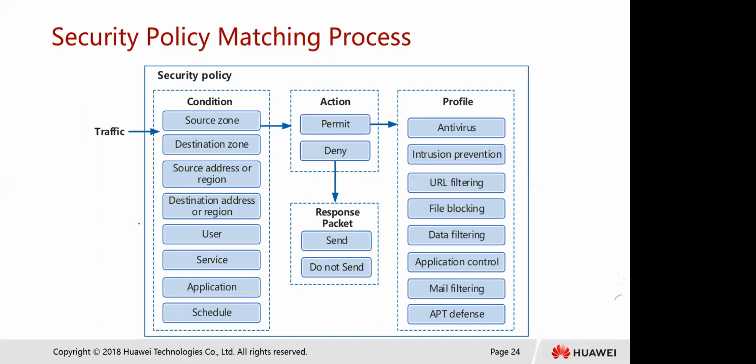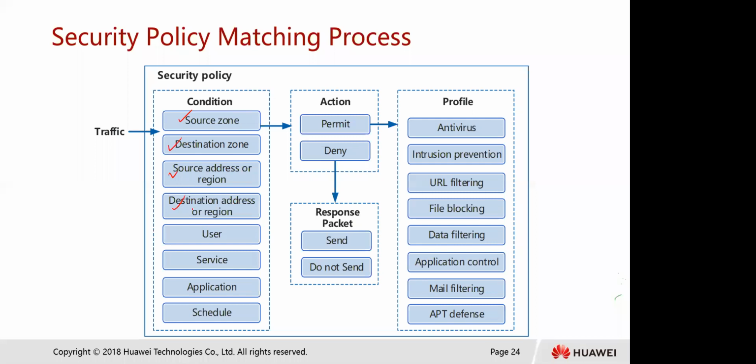So if all the conditions of our security policies are matched, the traffic matches the security policy. Okay? We are asking: am I allowed to forward from this source zone to that destination zone? Is this source address or region acceptable?